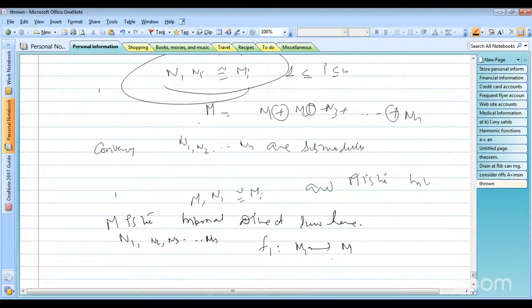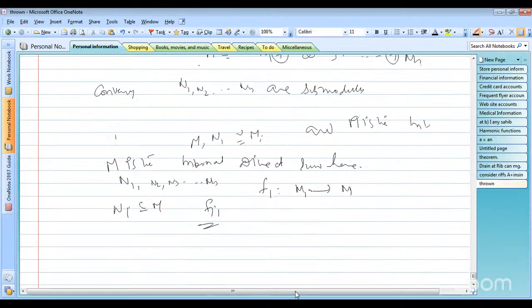So therefore there is the homomorphism of i. Therefore Ni is a subset of Mi, Fi can be considered here. Fi is a homomorphism of Mi. So therefore N is an R module here.